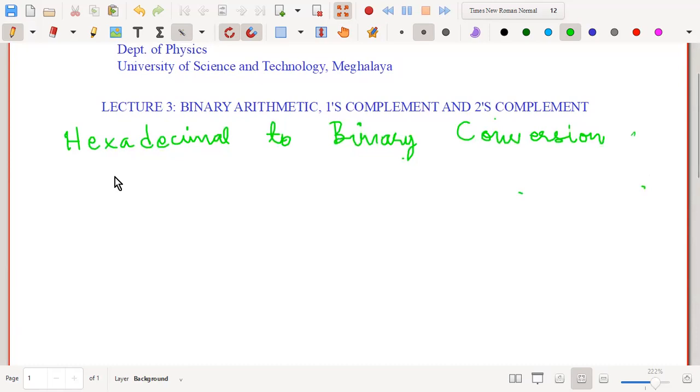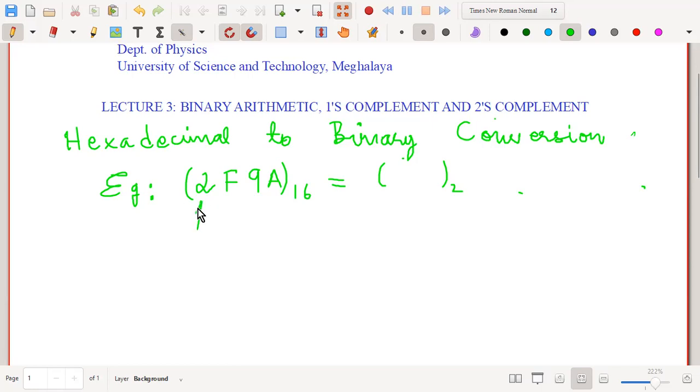Let us say we have this number, 2F9A. This is our number in hexadecimal, and we need to convert it into a binary number with base 2. In octal number conversion, each octal digit is represented by 3-bit binary information.